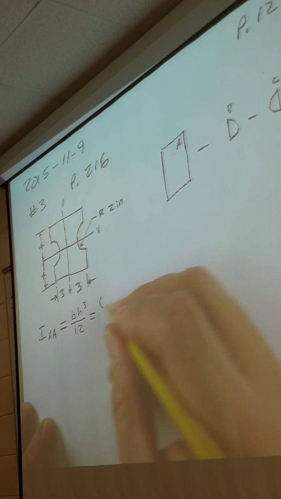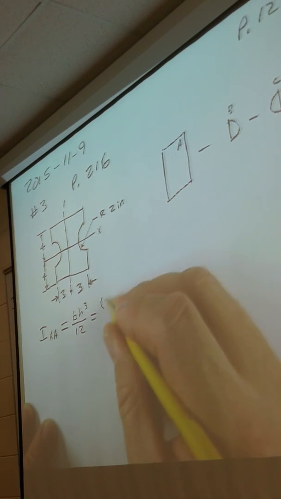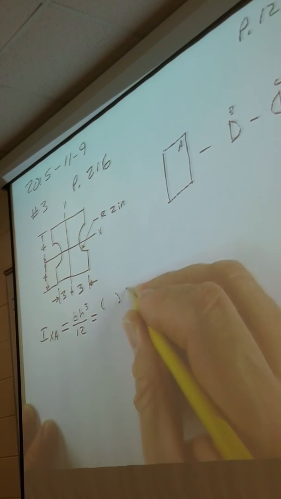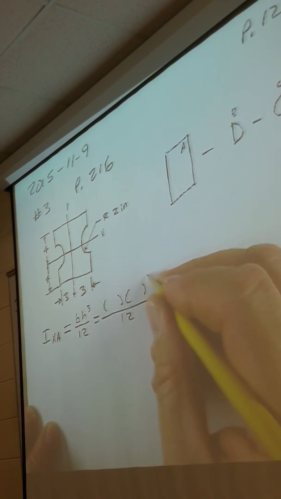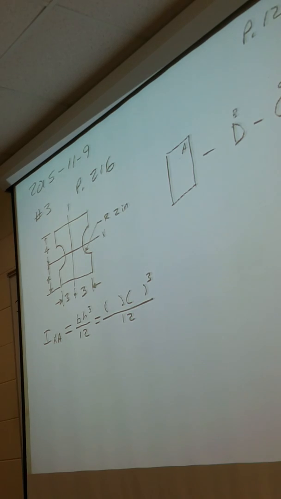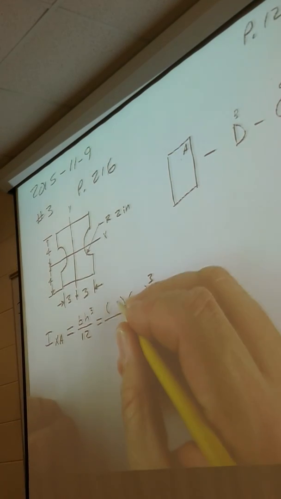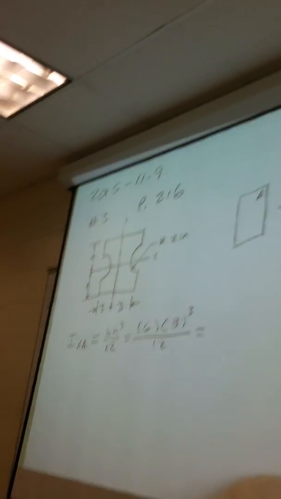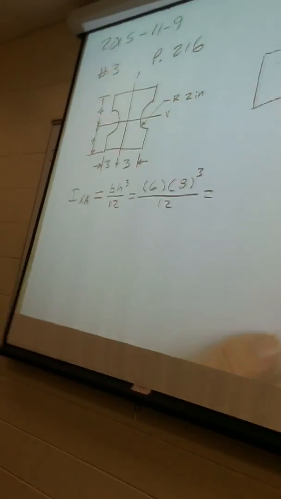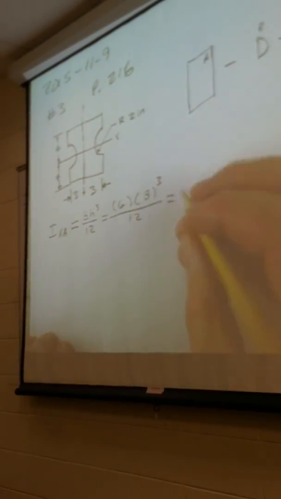So base, what number? Height, what number? Yep, so we got 6 here, 8 here. 8 raised to the power 3, 512. Times 6, 3072, divided by 12, 256.